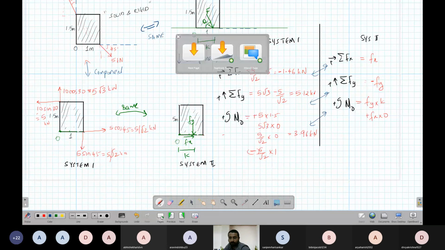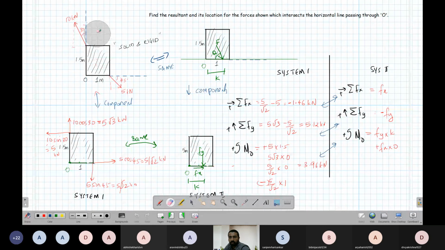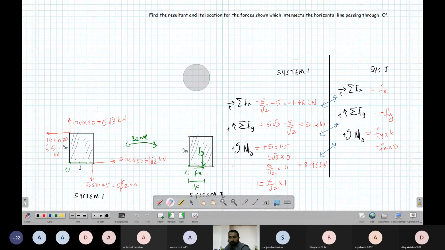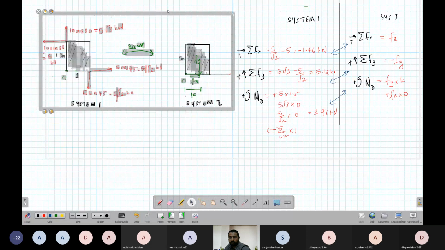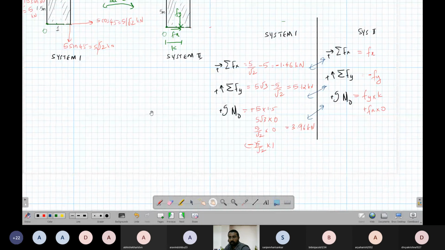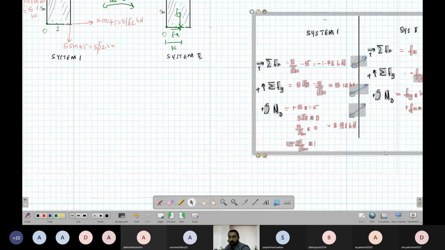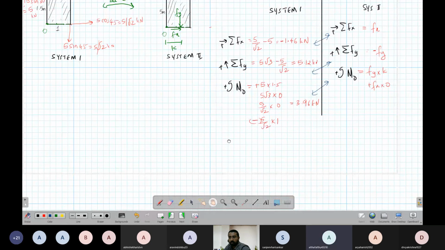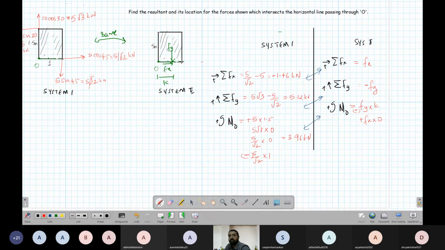I'll make a copy of this. The moment is minus Fy into k, because it is in the clockwise direction.